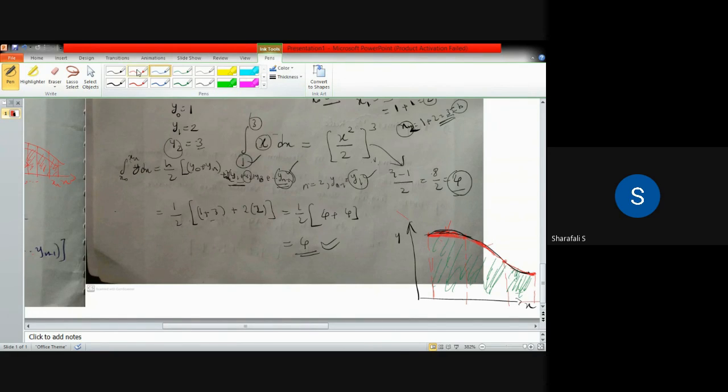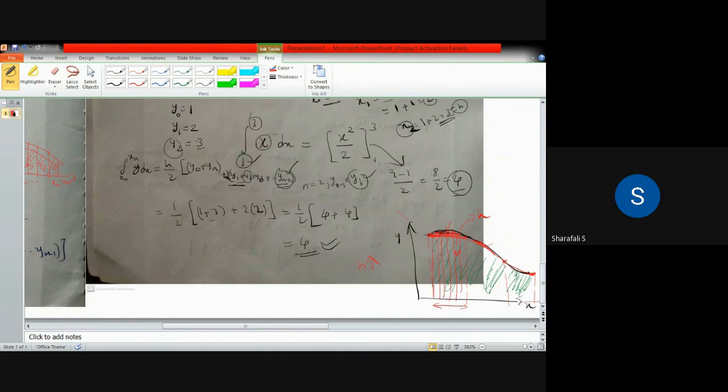But if you reduce that h and consider each of these points, each of these intervals, which means you are reducing the h value. If you are increasing the number of intervals, you are reducing the h value. This is your h. So if the number of intervals n is very large, then your h will be very small.